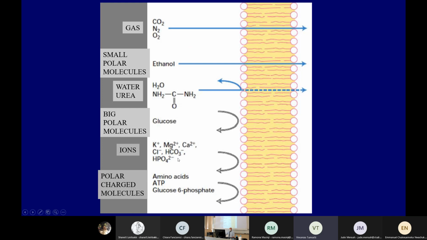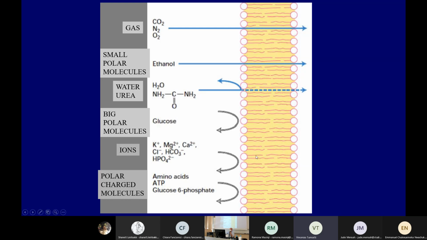Ions, also there are specific channels, and polar charged molecules, amino acids, are not able to cross the membrane, but they request a specific transport system. We can use this transport system also to introduce drugs inside the cells, like a Trojan horse.